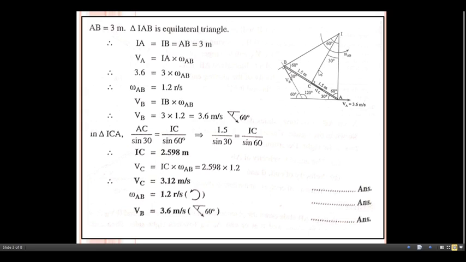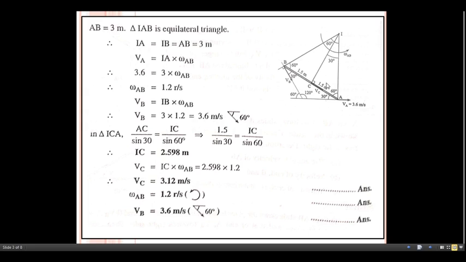Easily we can get that distance IC by using the sine rule. So the sine rule here is nothing but AC divided by sine of 30 equals IC divided by sine of 60, since IC is the front side to this angle.